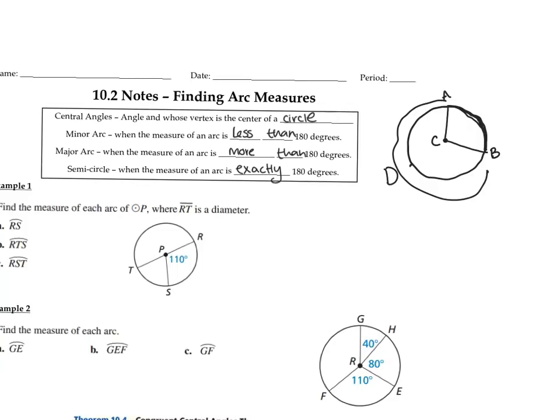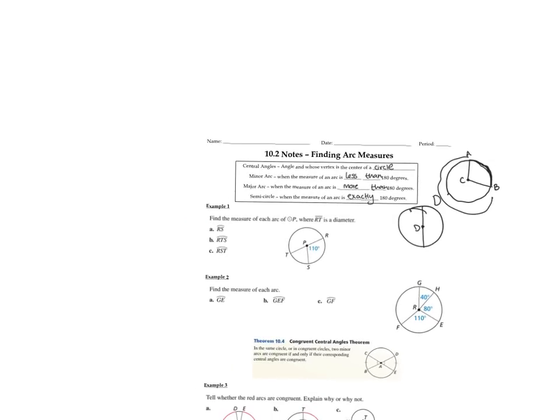So this would be the major arc ADB, whereas the minor arc would be AB. Now it would be a semicircle if, for example, let's draw another one. So if it looked like this, that would be a semicircle. Let's call this D. This would be a semicircle because it is 180 degrees. Okay.